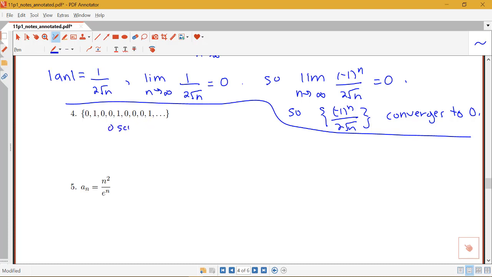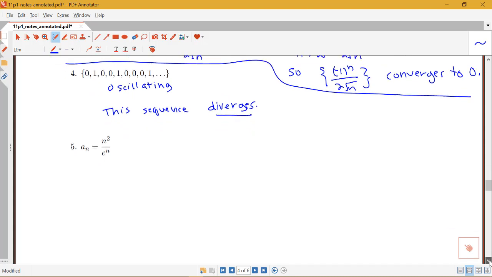So this is oscillating, and this sequence diverges. It's not getting closer and closer to just one particular value. It's still jumping around. Even though it's going to spend more and more time at 0, it's always going back to 1. So that's a case of a divergent sequence.